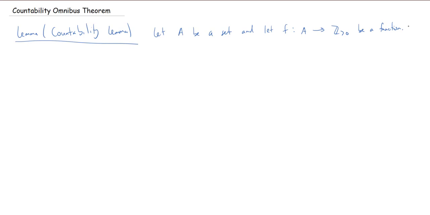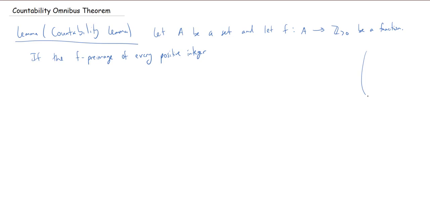All right, so here's the statement where our goal is to show that A is countable, and a sufficient condition is that the f preimage of every positive integer, okay, so remember what this means, I take a positive integer and I ask what are all of the elements of A that map to it.